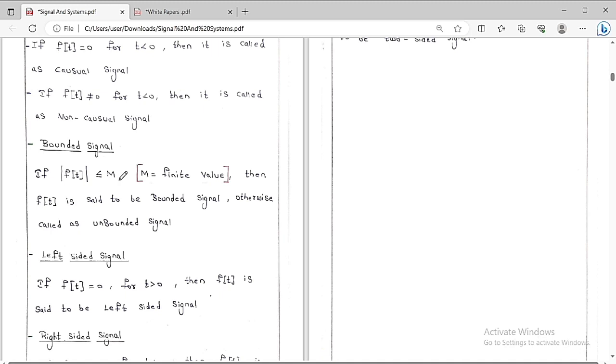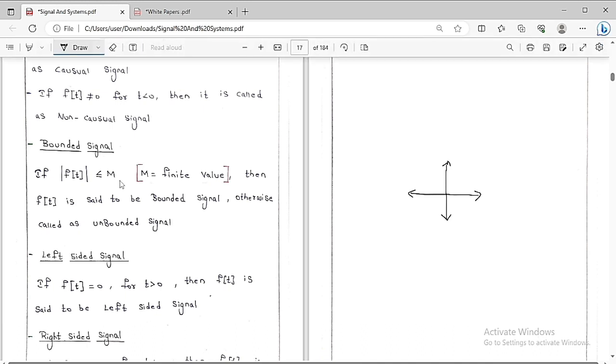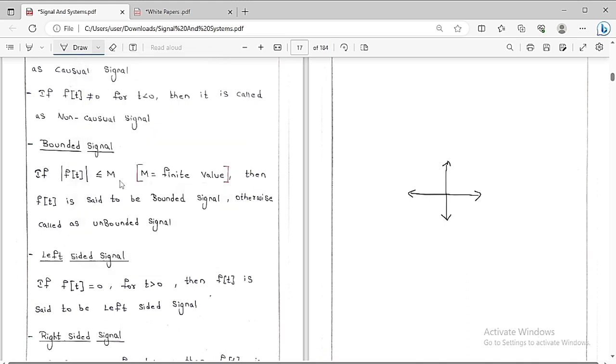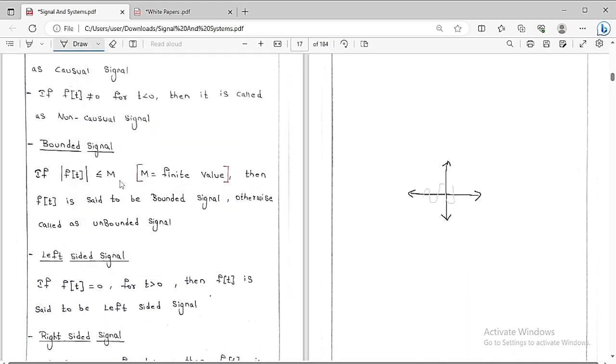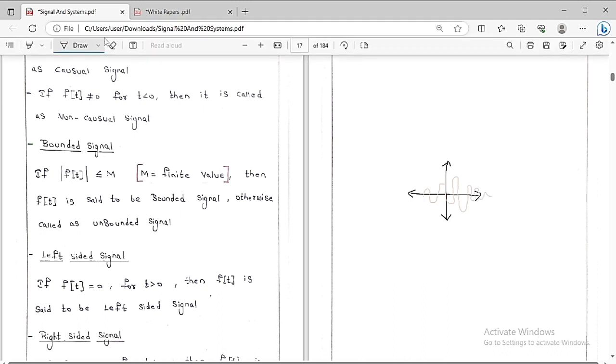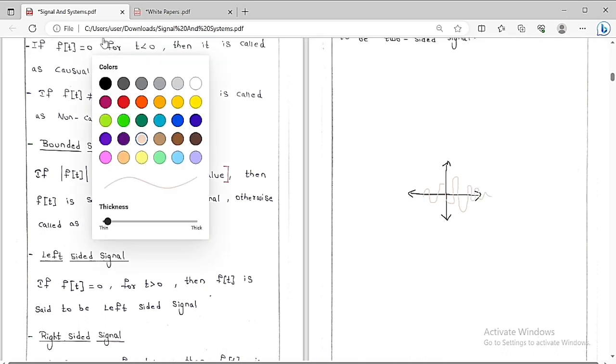So let me draw a rough graph so that you can easily understand. Suppose some signal f of t is there like this. If it has a finite amplitude, meaning it is going to lie within a certain range only, we can see it lies like this, only between this range.